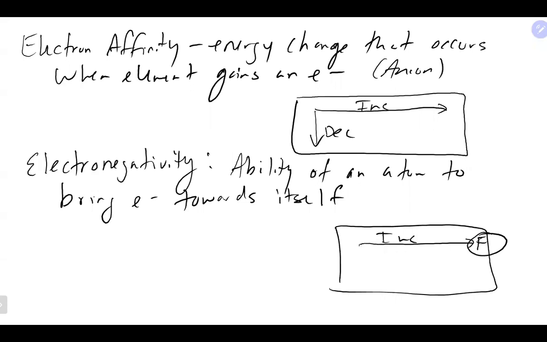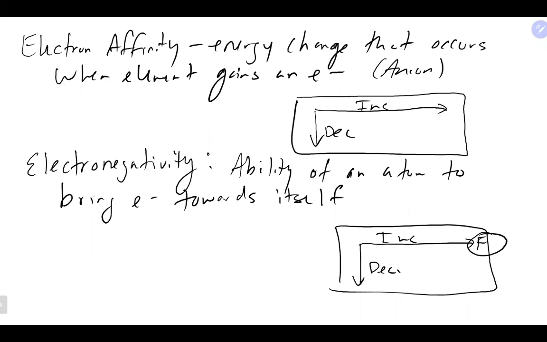And it decreases as you go down. We also talked about the size of a cation, which is positively charged, gets smaller, right? Because it loses electrons. What happens when somebody gains electrons? The size of the ion now becomes larger, right? It gains some electrons, so the electron cloud gets larger than its neutral counterpart.